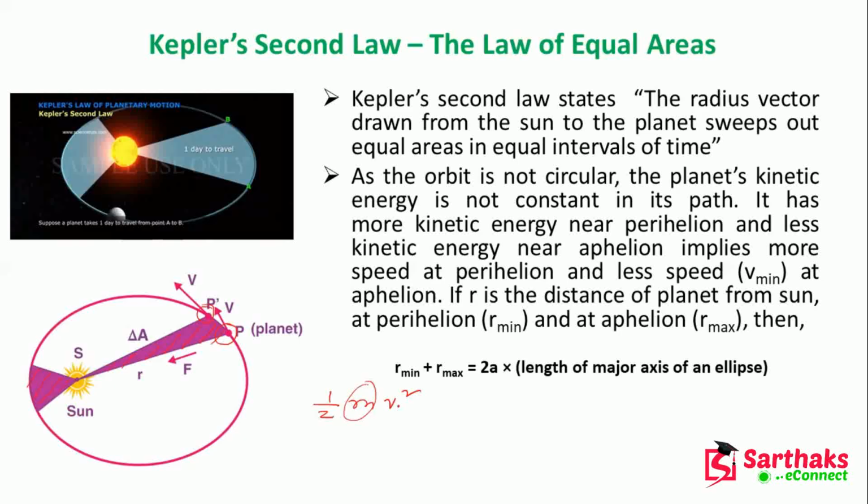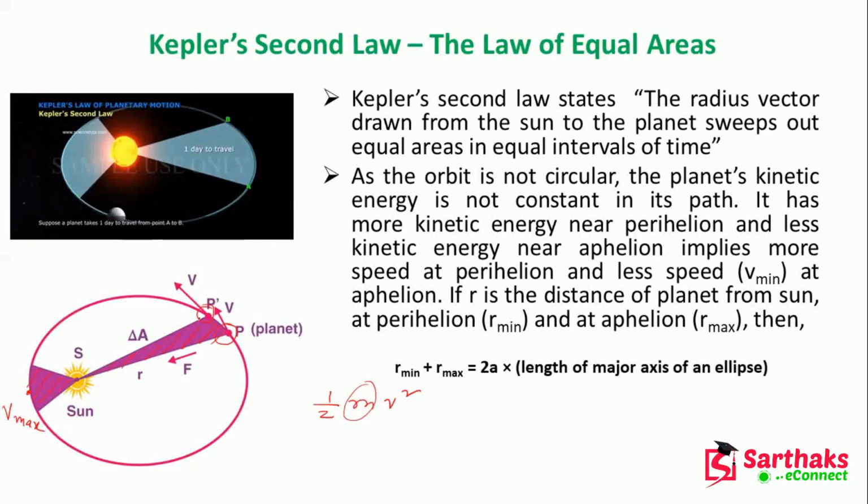But v, that is the speed or velocity. Whenever you are at the perihelion, at that time the velocity is high, and whenever you are at the aphelion, at that time your velocity will be low.